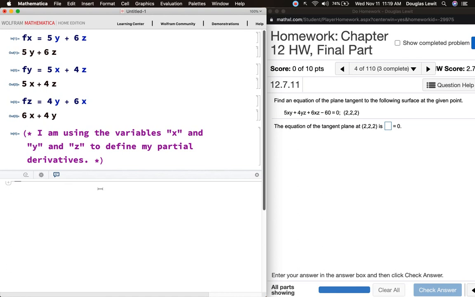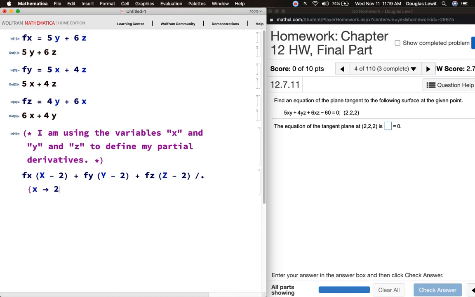All right. So fx times capital X, an uppercase X, minus 2 plus fy, capital Y minus 2, plus fz, capital Z minus 2.